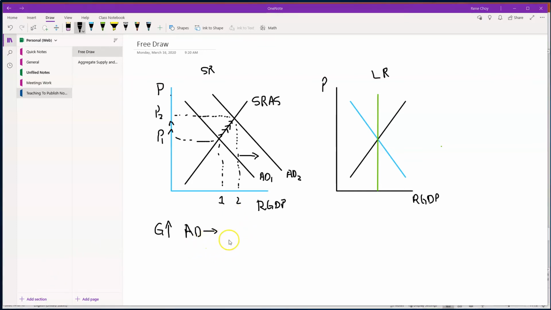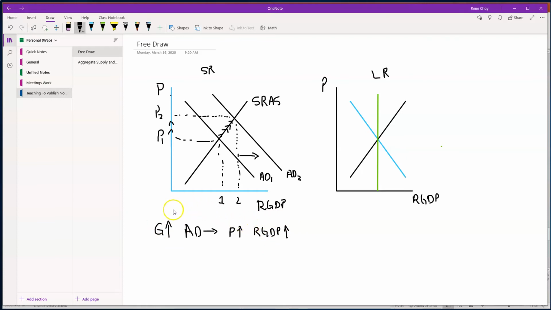As the aggregate demand shifts to the right, we're going to notice that prices are going to go up in the economy, and real GDP is going to be increasing. So we can say that an increase in the level of government spending is going to make real GDP move to the right.